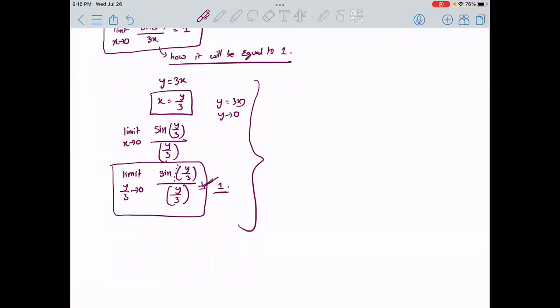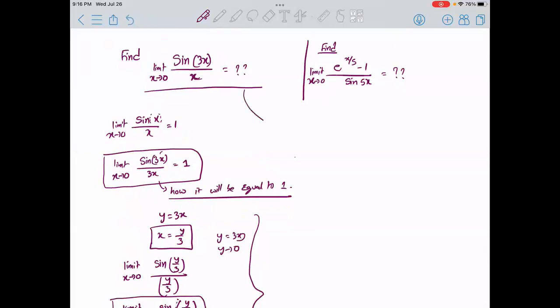In this equation, x is replaced by y by 3, nothing more than that. Is it clear now?